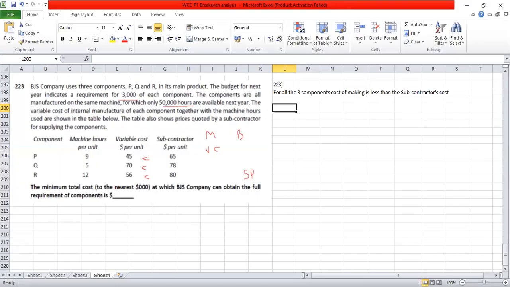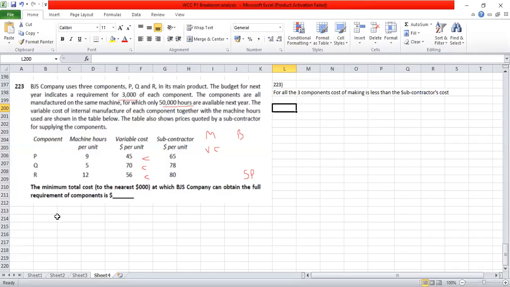The budget for next year indicates a requirement of 3,000 of each component. So if 3,000 units are manufactured, 3,000 into 9 becomes 27,000, 3,000 into 5 becomes 15,000, 3,000 into 12 becomes 36,000. All of them added together is definitely greater than 50,000.